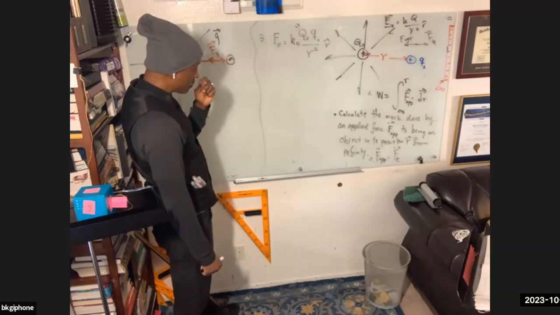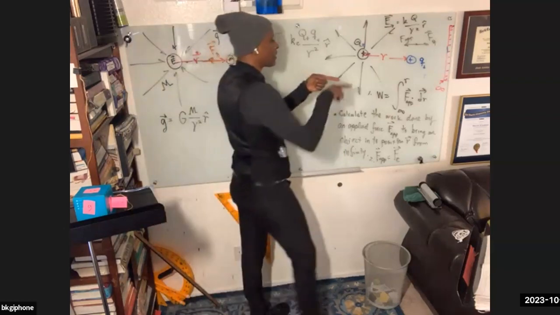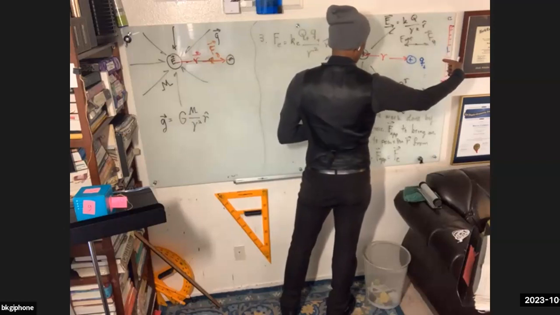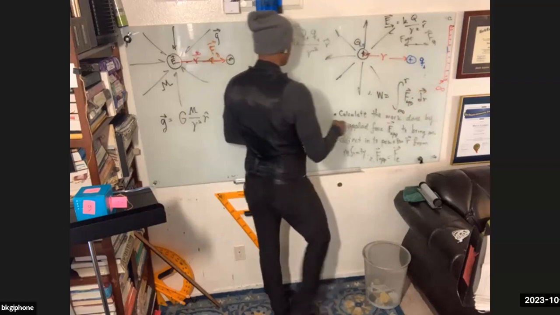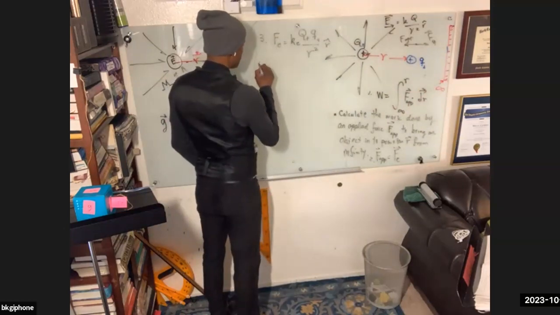Now in this case, I'm doing positive. dr is always defined as pointing out, and F applied is in. So I guess I'll go ahead and do the problem for you. Well, I'll set it up and let you do it.